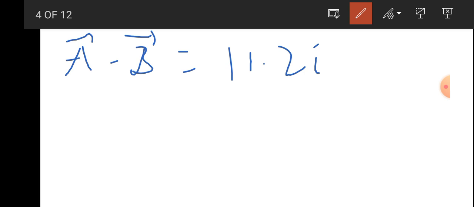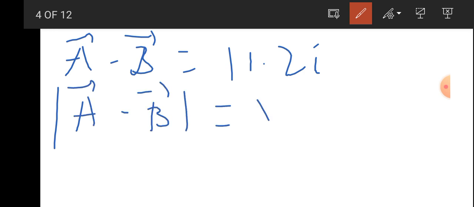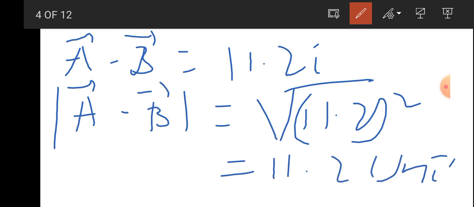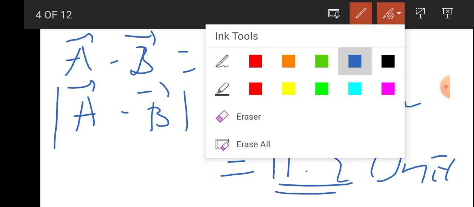The magnitude of vector A minus vector B is equal to the square root of 11.2 the whole squared, so this is equal to 11.2 units.